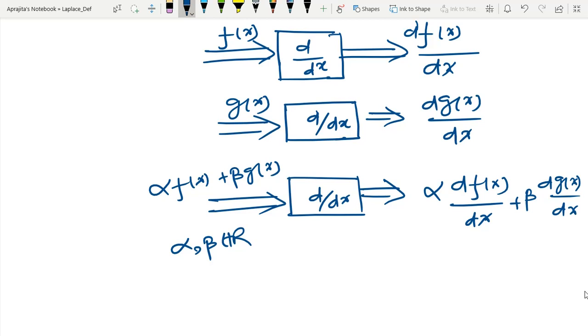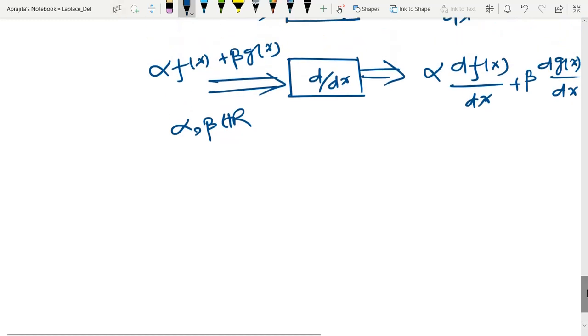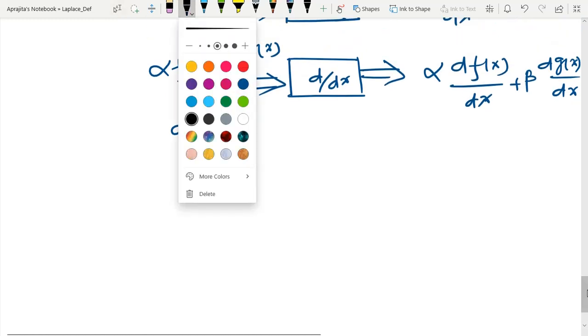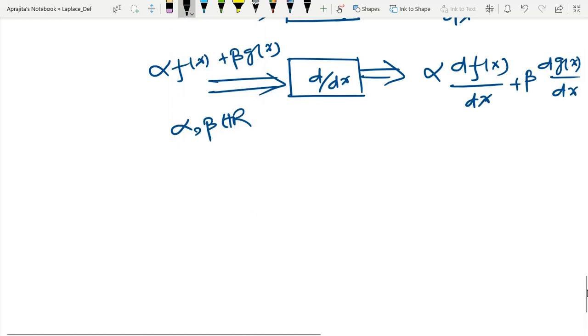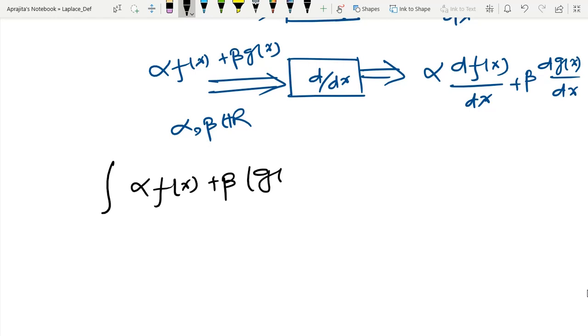Similarly, the same kind of result I can also obtain or talk about in terms of the integral. So suppose f(x) and g(x) both are integrable functions, so I am assuming that, otherwise I cannot perform the integral.